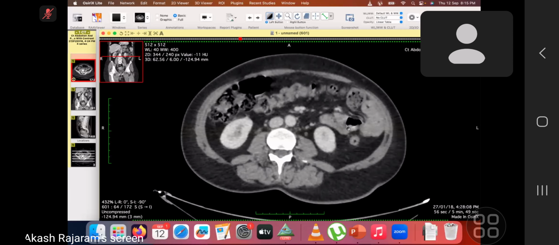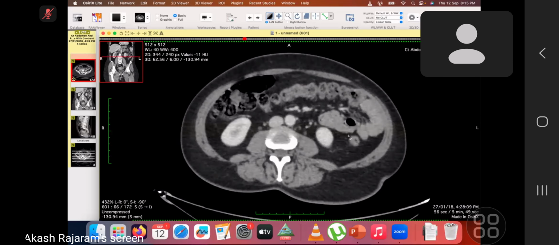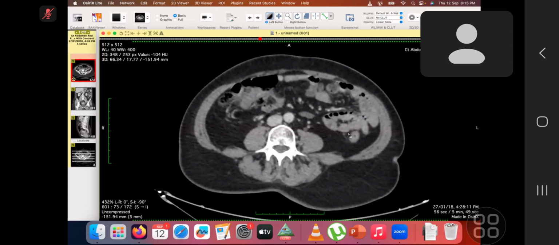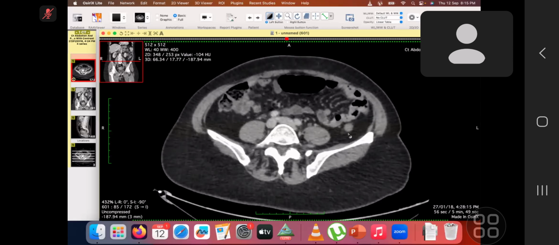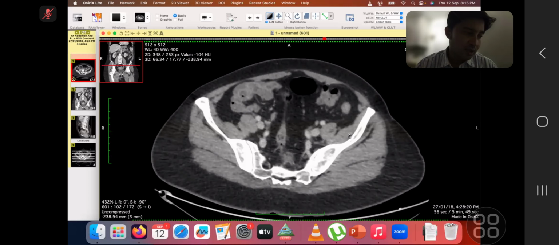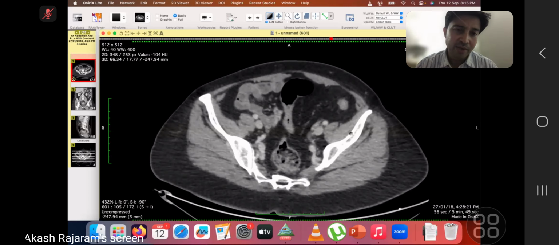Can I see any vascular occlusion? Okay, this patient has come with a history of some swelling on the left side of the abdomen.